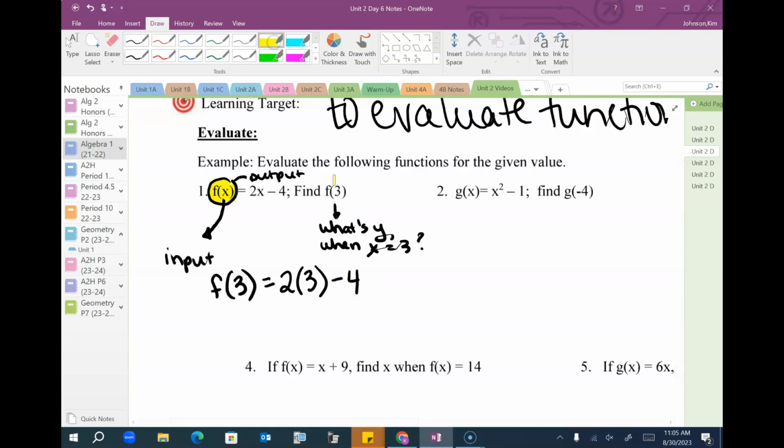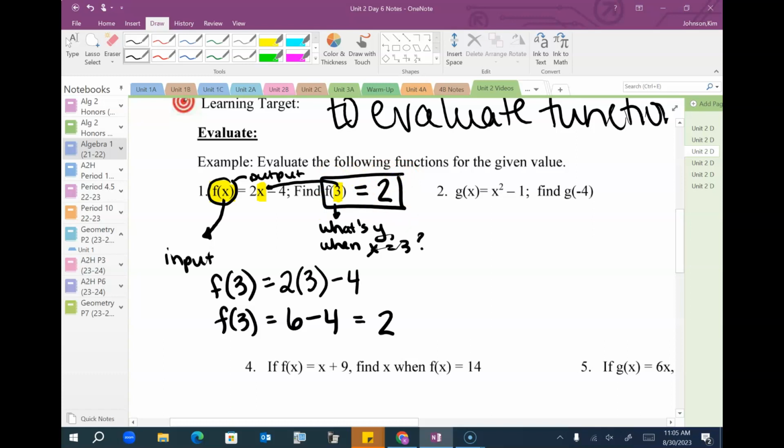So all we're doing is replacing where there was an x with a 3. Okay, and then we evaluate. So we get f of 3 equals 6 minus 4, which gives us 2. So f of 3 equals 2 is our final answer.